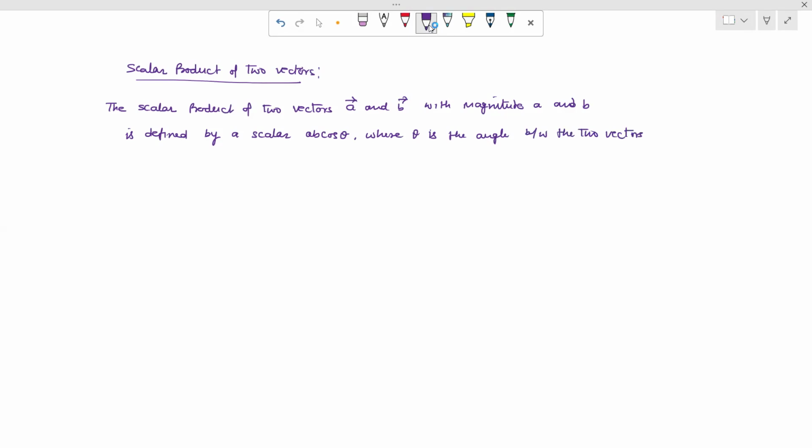Generally, we write vector A dot vector B is equal to AB cos theta. So this is the dot product of two vectors. We denote this by this dot. So A dot B gives us AB cos theta.